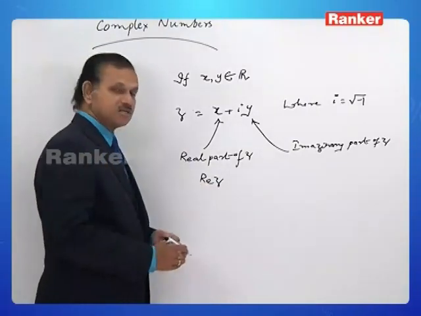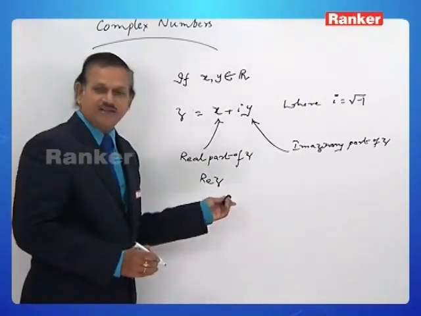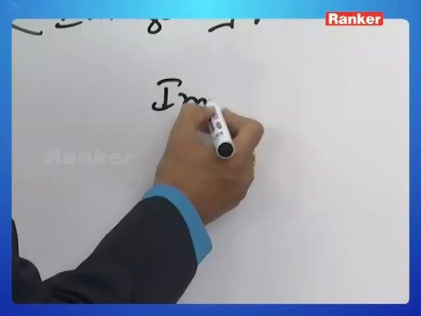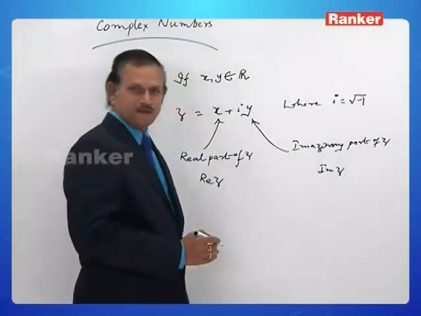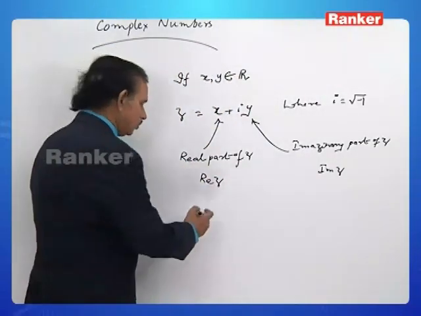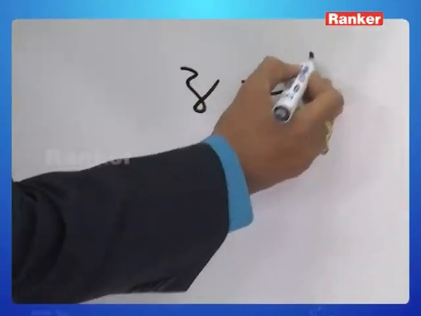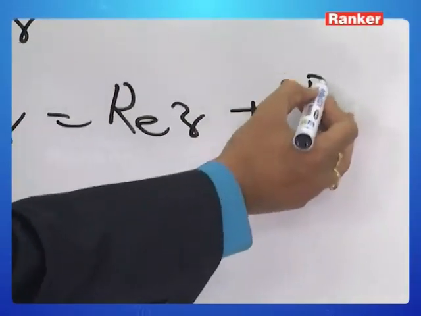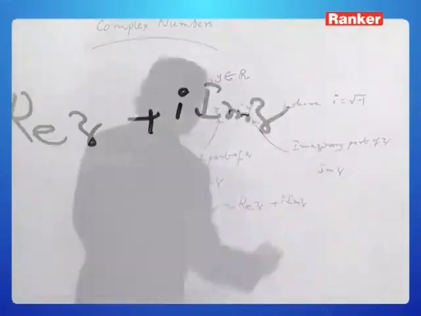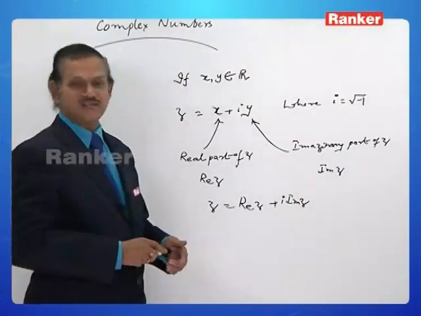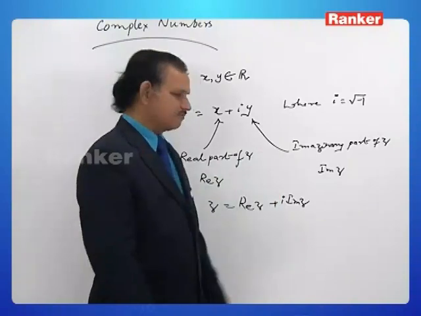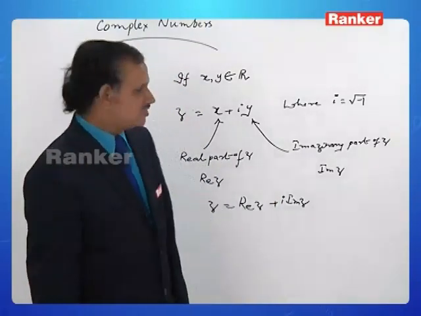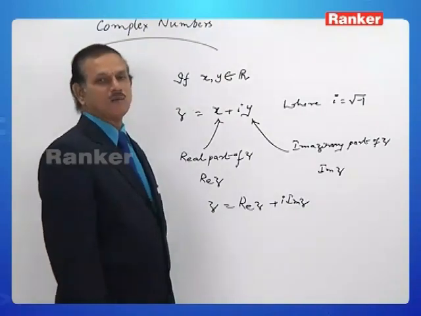Even though we write Re z, we read it as real part of z. Similarly, we write the imaginary part of z like this, Im z. By keeping these things in view, z is equal to real part of z plus i into imaginary part of z. This is the basic definition of a complex number.